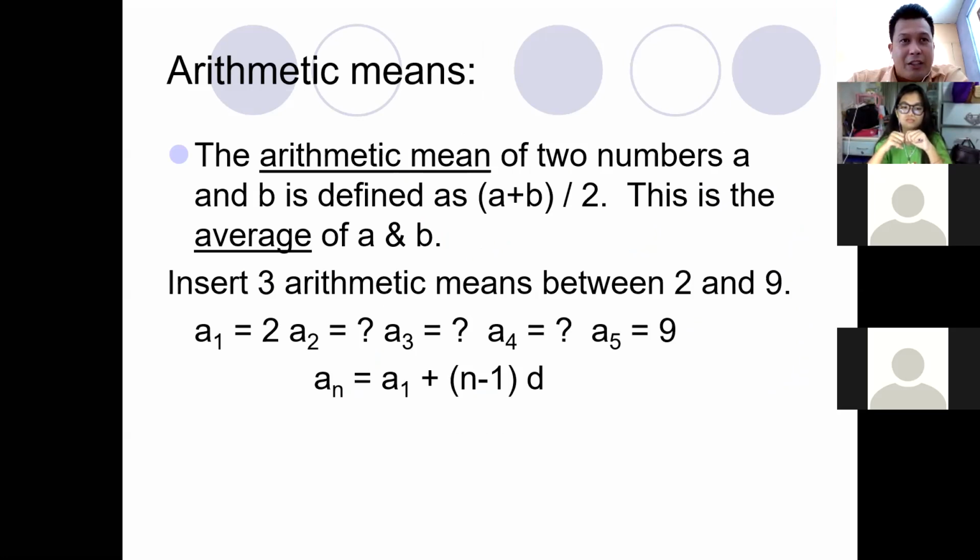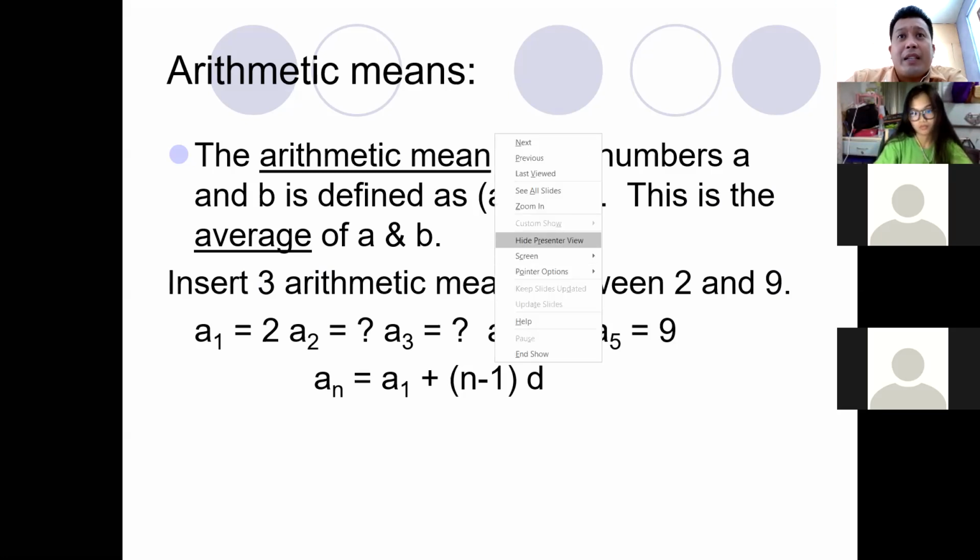That is the value to be inserted in the middle. But if you are going to insert more than one term, let's say insert 3 arithmetic means between 2 and 9, you have to consider the formula already. Since you have the first and the last term, you can apply them to the formula.